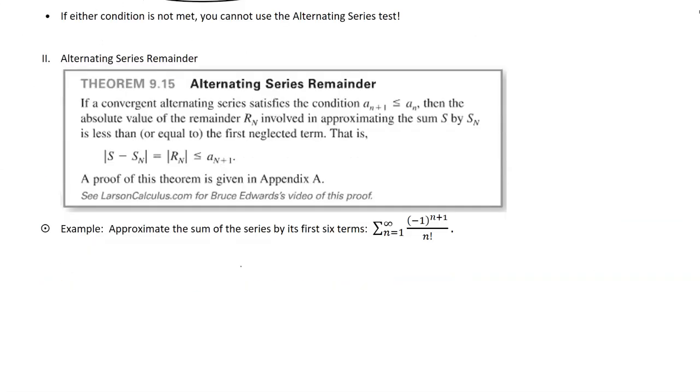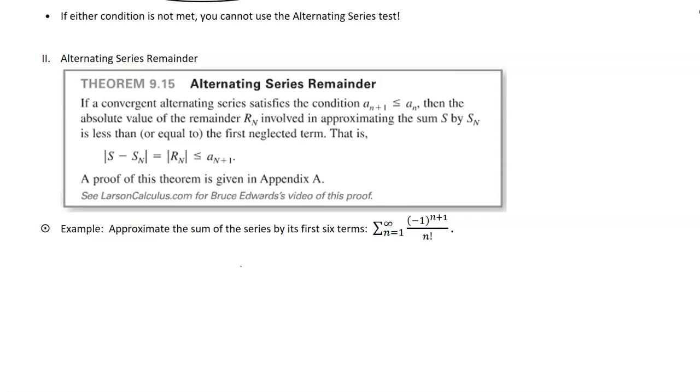Another concept here is the alternating series remainder. If a convergent alternating series satisfies the condition a sub n plus 1 is less than or equal to a sub n, then the absolute value of the remainder r sub n involved in approximating the sum s by s sub n is less than or equal to the first neglected term.